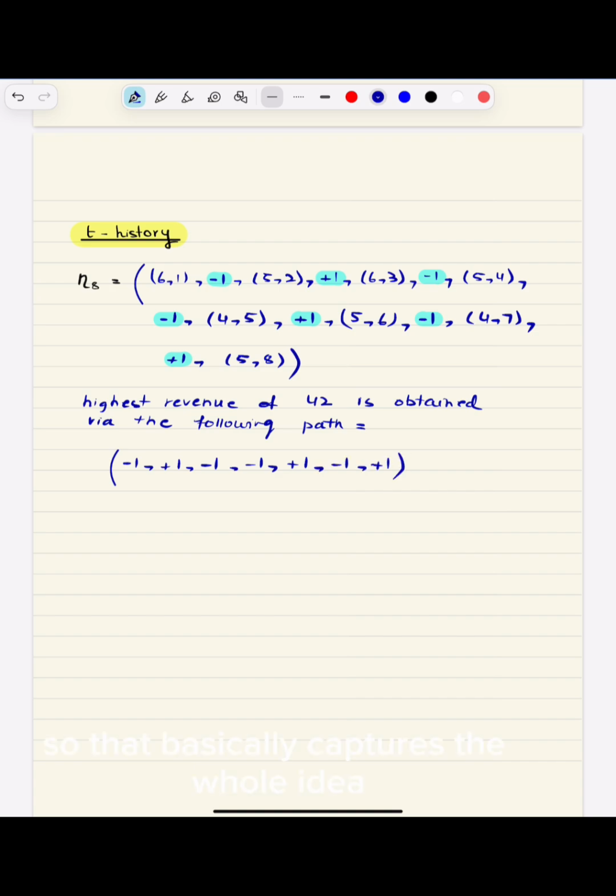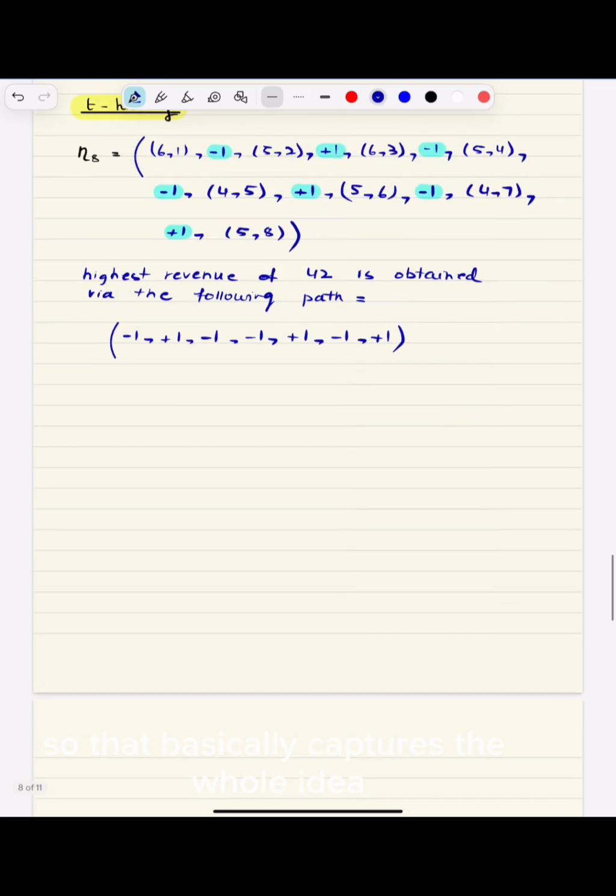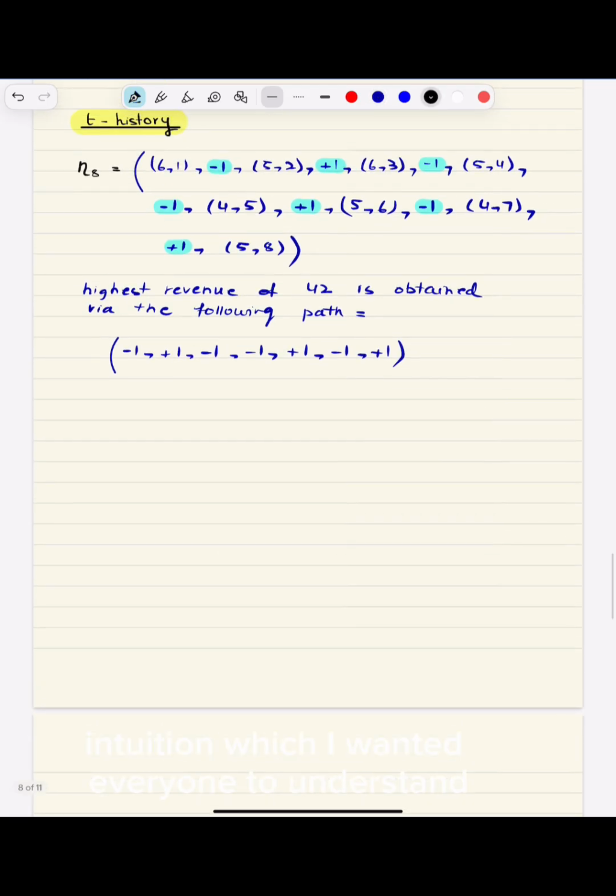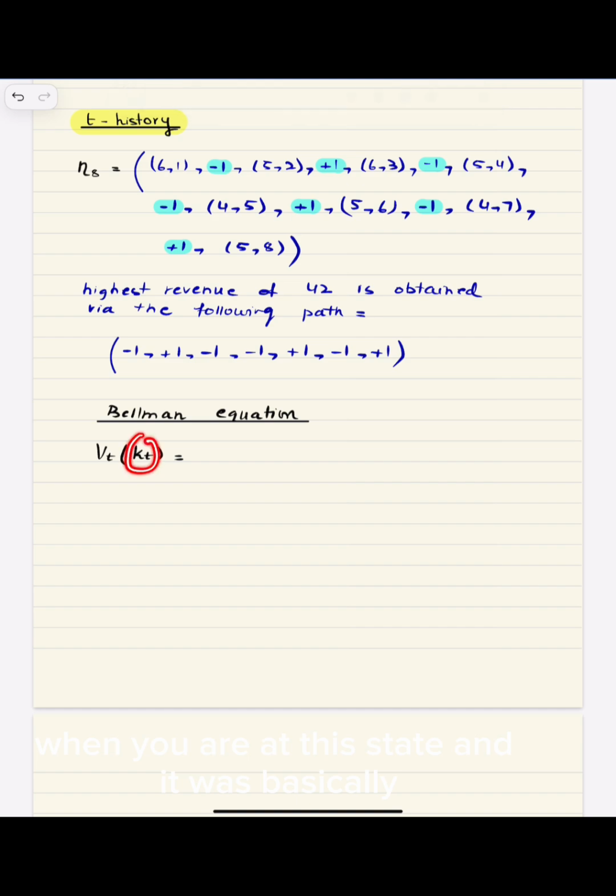So that basically captures the whole idea, what the basic intuition which I wanted everyone to understand from this example is why the Bellman equation that we made in the previous lesson looked like this, why we wanted to maximize the utility when you are at this state.